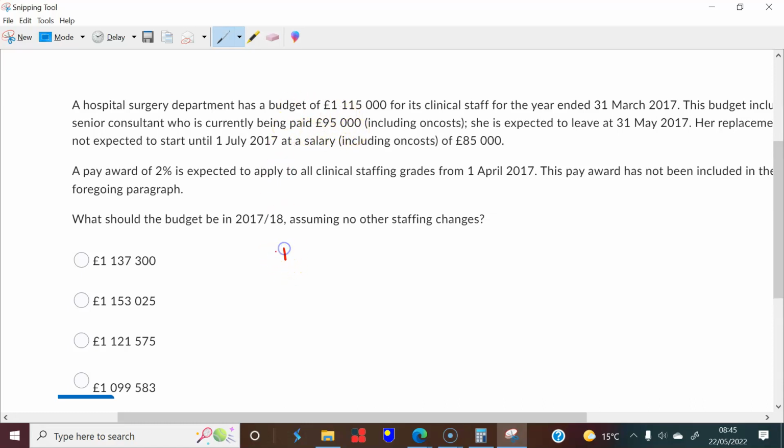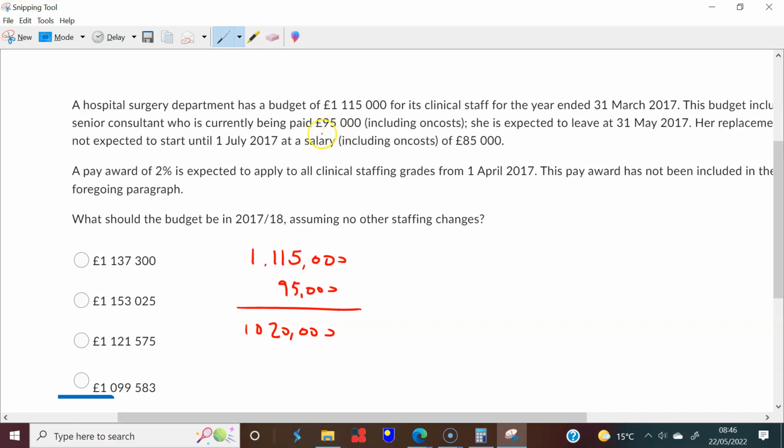So I said, well, here is what it is for everybody, 115,000, and I decided to take away this person first of all and find out what the normal staff budget was. So that was 102,000.